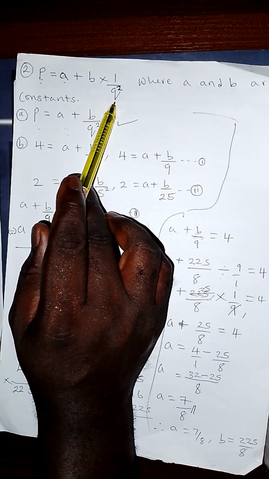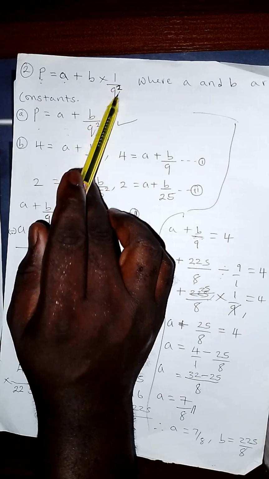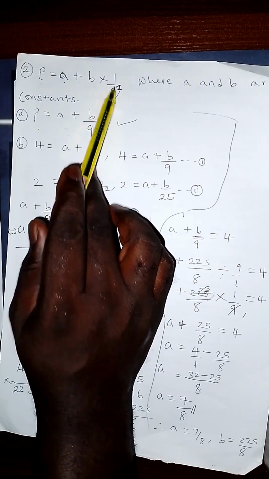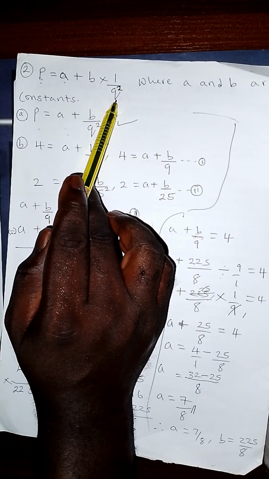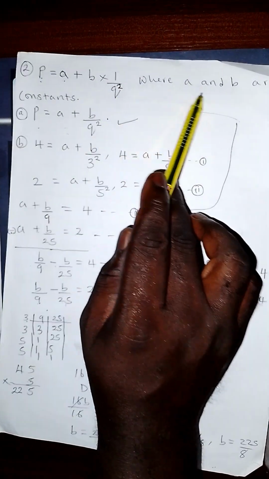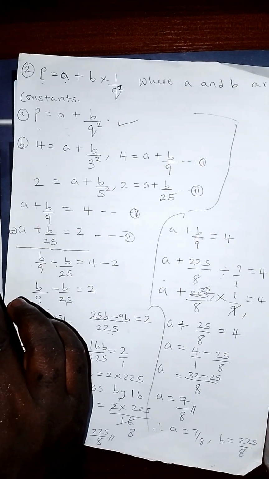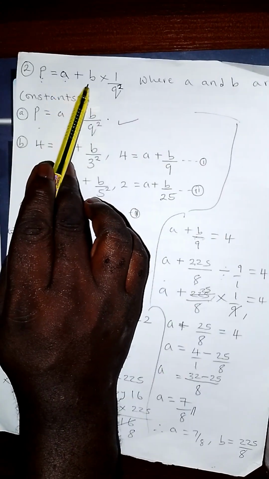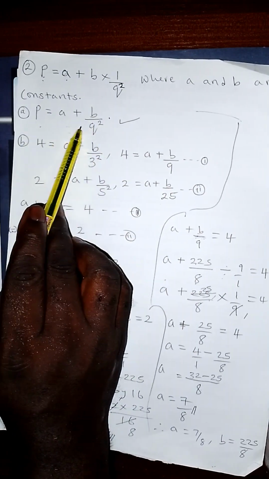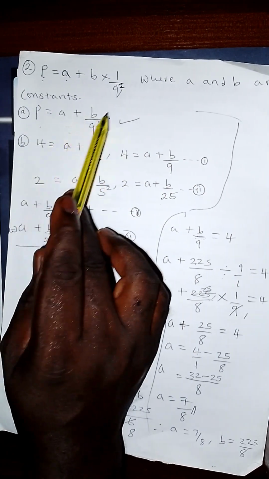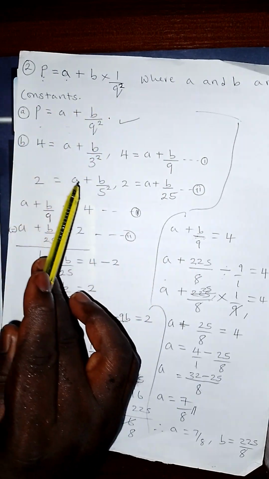Inverse is 1 over something, so partly varies as the inverse of Q square. That's exactly what we're having here, 1 over Q square. That's what I'm having there. I'm sure. So I now said where A and B are constant. So if you bring it together properly, B times 1, that's what we have, B here. And then we have this equation. So this is the original equation we have been asked to treat.